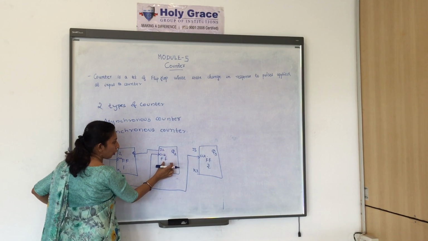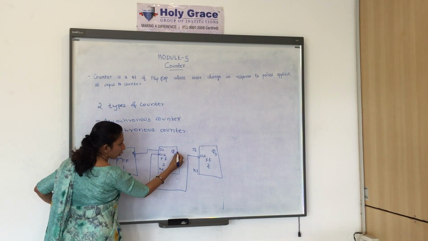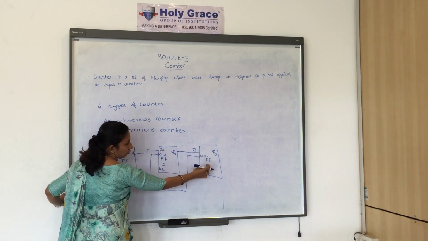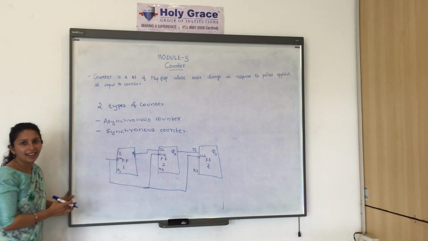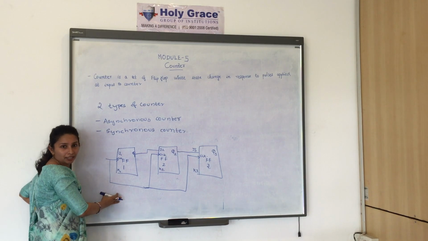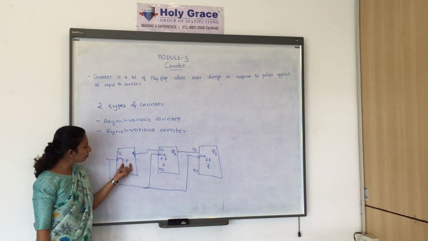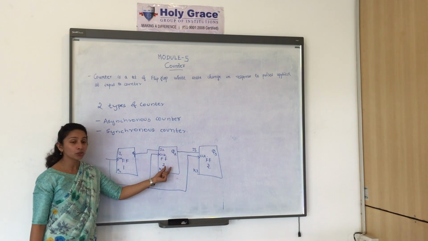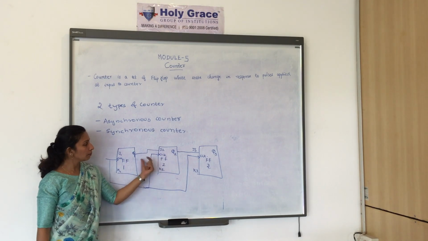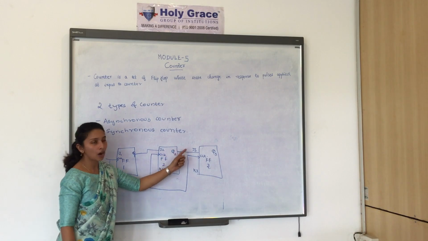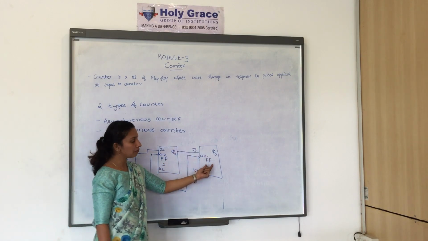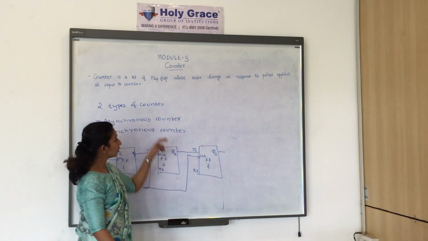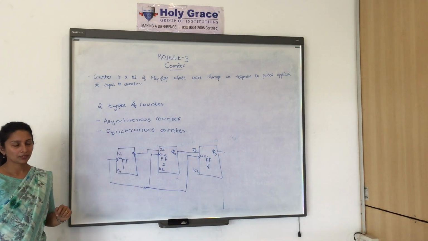Flip-flop 2 then produces an output Q2, which is fed to the input of the next flip-flop 3. So you can see that there will be a propagation delay, because only once flip-flop 1 produces the output can flip-flop 2 receive the input and produce an output, which is again fed to flip-flop 3, and only then can it produce the output Q3. So that is an asynchronous counter.